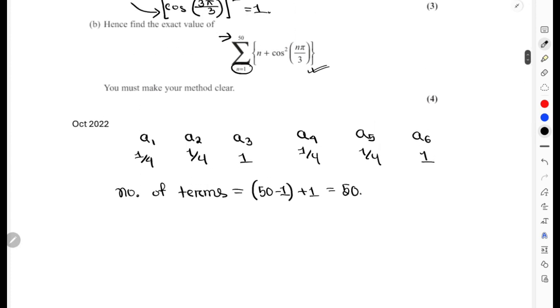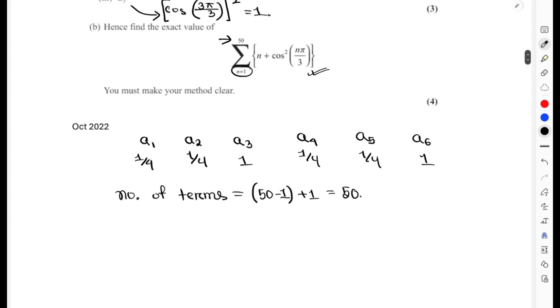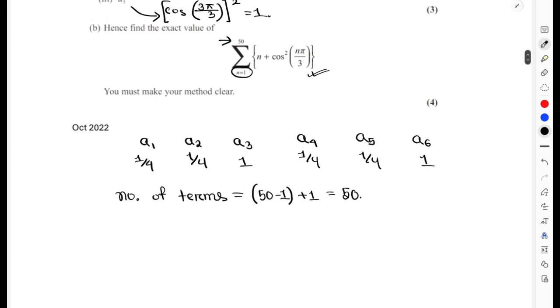Now, using the number of terms, I want to find out the total sum for all these terms, but over here the formula is different, right?